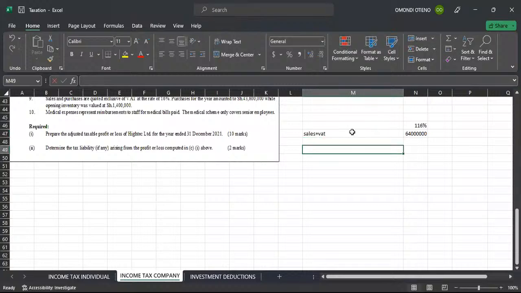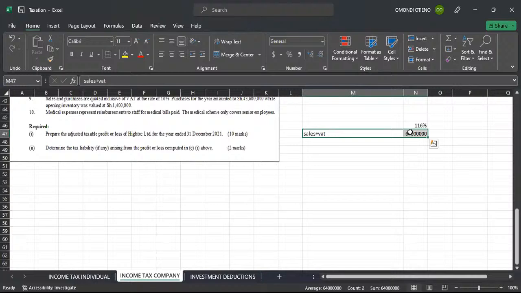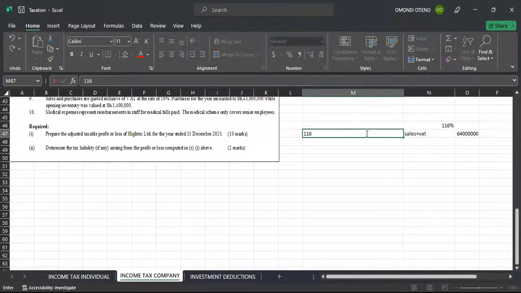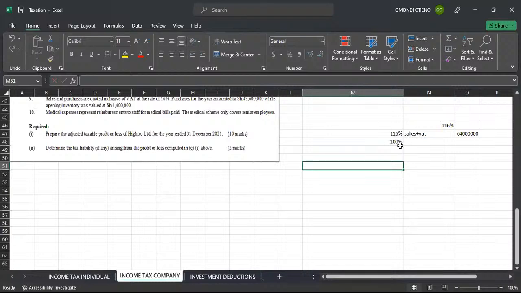the real sales is going to be, so sales plus VAT is 116%. Real sales is going to be 100%. So we need to get real sales. That is what we recognize as revenue.